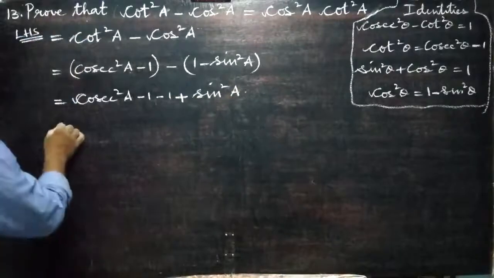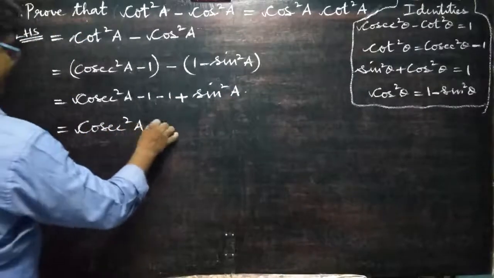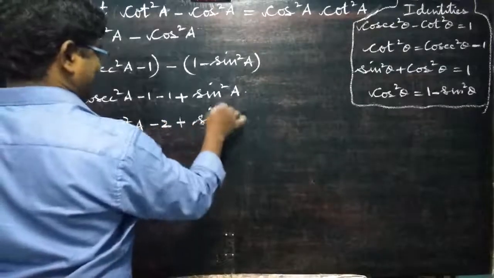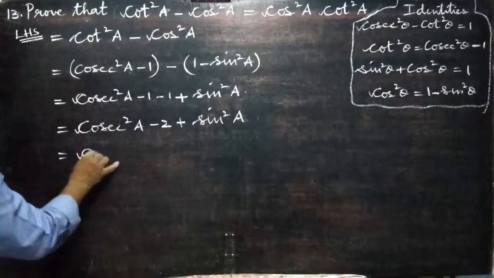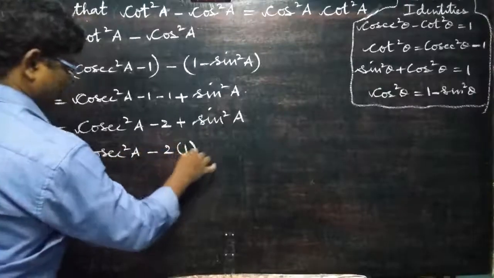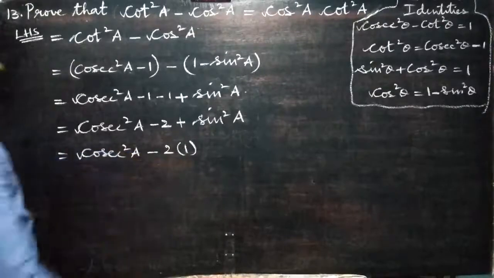Now cosecant square A minus 2 plus sin square A. How I am writing, all of you see here? Cosecant square A as it is, minus 2 into 1. 2 ones are 2 only. There is no much difference. Why I wrote 1 I will explain there.